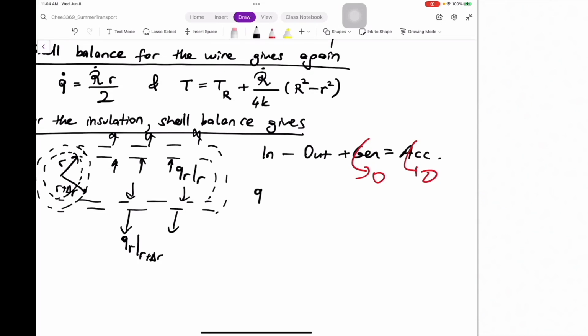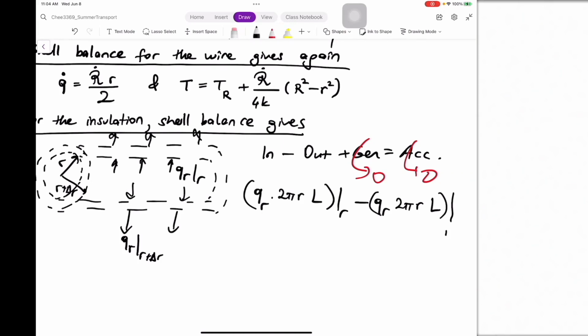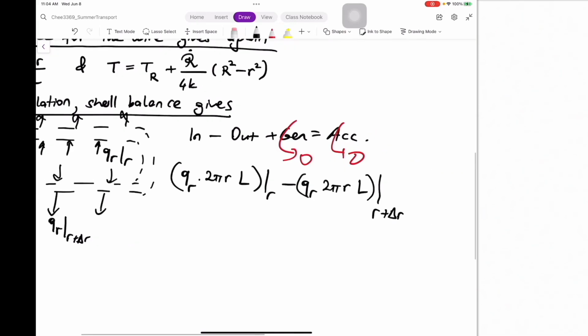Your in is basically QR times your surface area, which is 2 pi r L, evaluated at R, minus the out, which is QR times 2 pi r L at R plus delta R, is equal to 0. Then you divide by delta R and take the limit as delta R goes to 0, and so on.